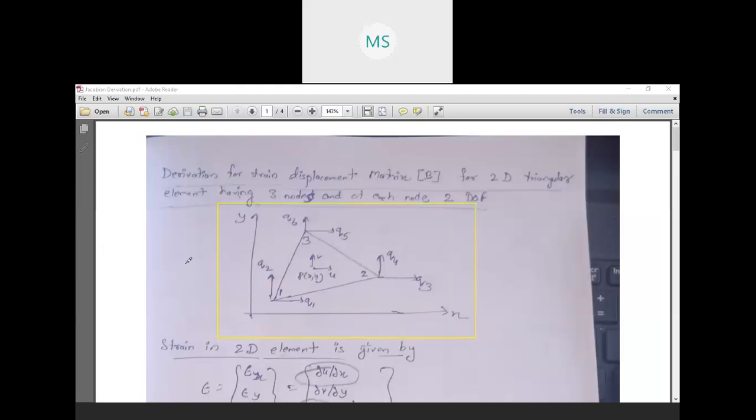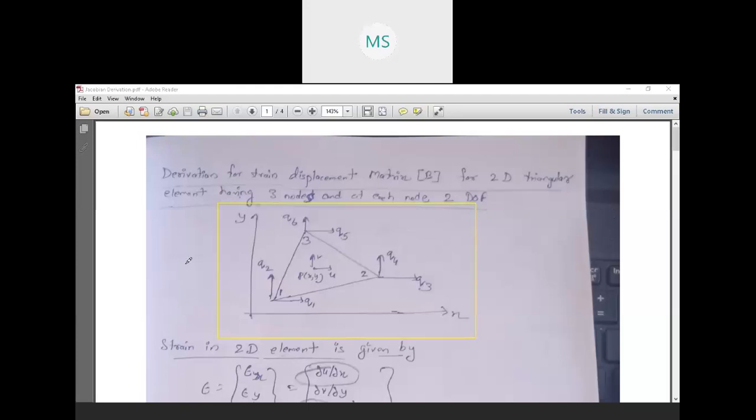Before that, there is a quick recap of what we have done till now. In module 1, we covered the 1D problems, the Rayleigh-Ritz method and the Galerkin method. Through that, we solved problems on 1D bar elements using these two types of boundary conditions.